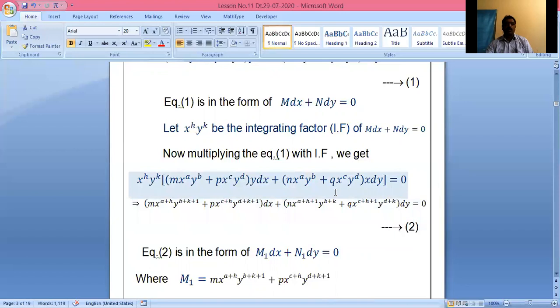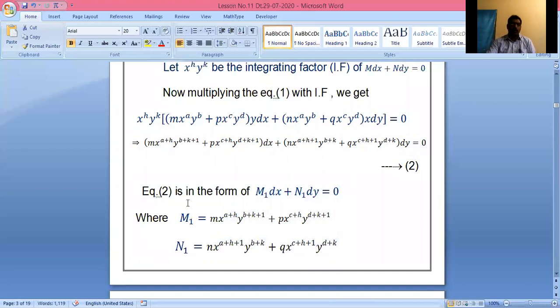Here q x^c y^d into x into x^h y^k is q x^(c+h+1) y^(d+k), whole into dy is equal to 0. Let this be equation 2.